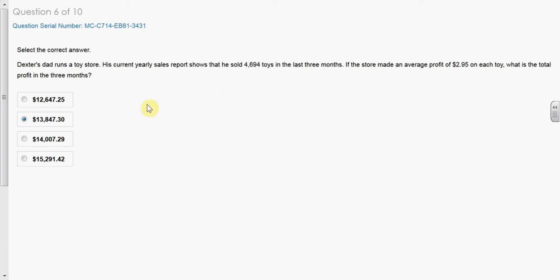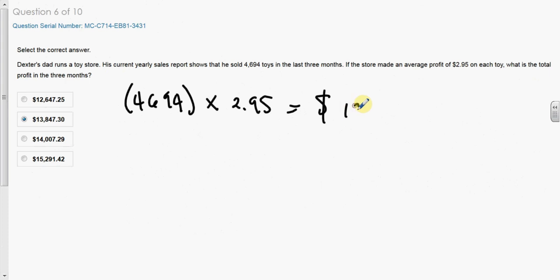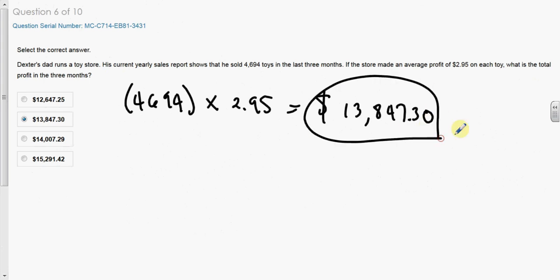So basically, we're just multiplying those two numbers. 4,694 times 2.95, and on my calculator, you get $13,847.30 for the profit.